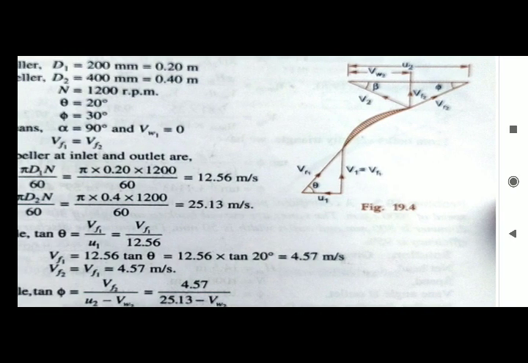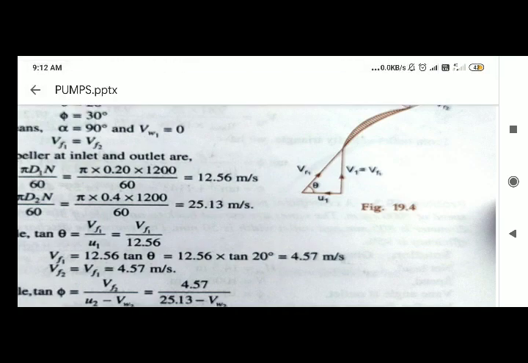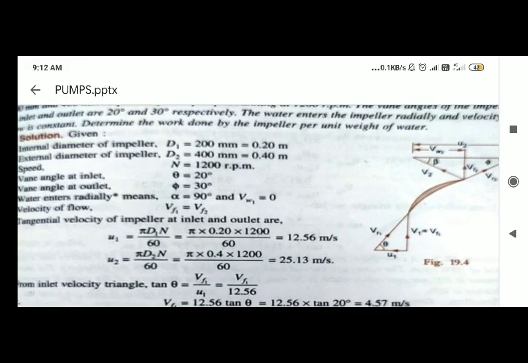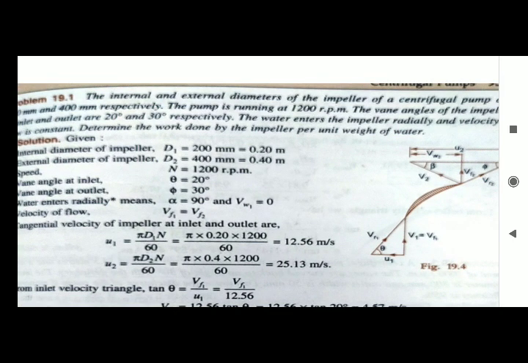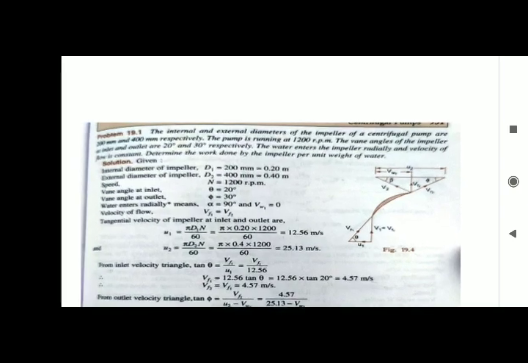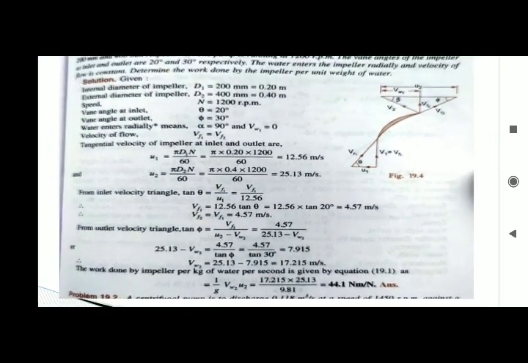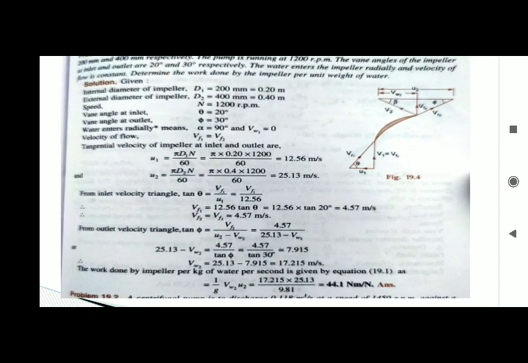I know U1, so I will get Vf1. Since they mentioned in the problem that velocity of flow is constant, that means Vf is constant, so Vf1 and Vf2 are both the same. Simply I am taking Vf1 equal to Vf2. So Vf2 is equal to 4.57 meters per second.